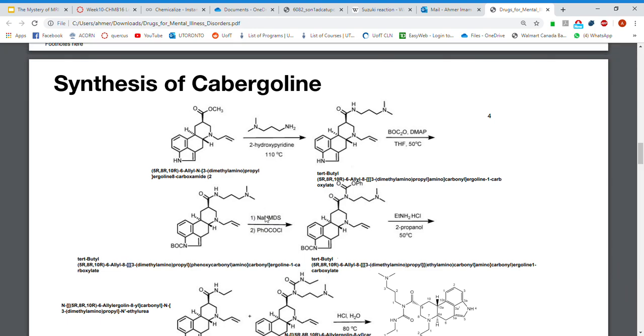The lone pair of the dimethyl propane diamine does a nucleophilic attack by attaching to the carbonyl carbon attached to the fifth five-membered ring at the top, and then the 2-hydroxypyridine is protonated, no, deprotonated, and thus makes the ether at the top a better leaving group to produce our second molecule.